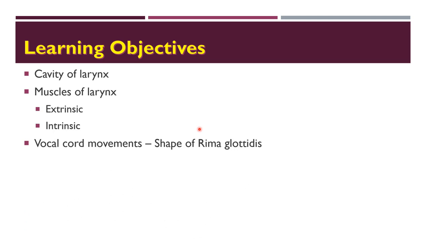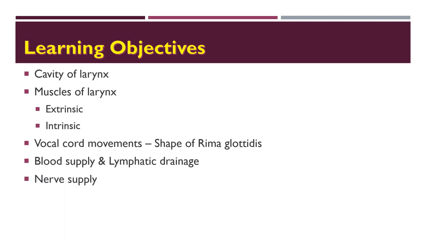Then we will also have a short discussion on the shape of the rima during the various actions, like normal or forced breathing and high pitched sound and so on. And then we will enumerate the blood vessels and the lymphatics draining the larynx, and more importantly the nerve supply of the larynx. And finally we will conclude this session with the clinical aspects.